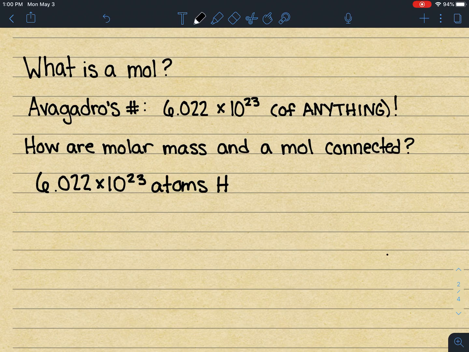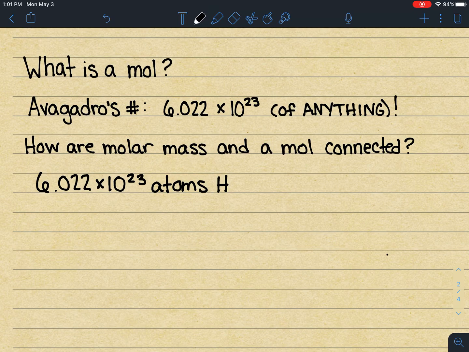But I do have a scale that finds the mass of substances using grams. So if we think about the molar mass is the mass of any compound, any element, and in that, you'd have 6.022 times 10 to the 23rd of whatever you're working with.